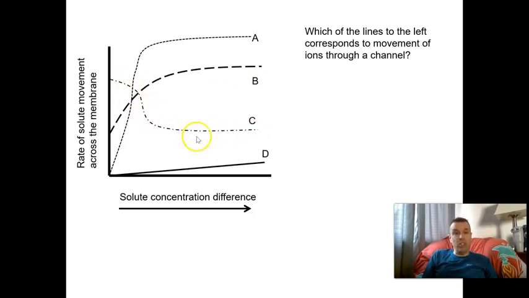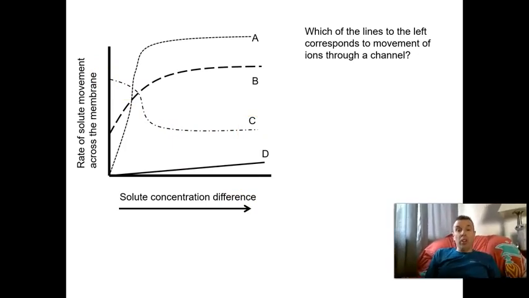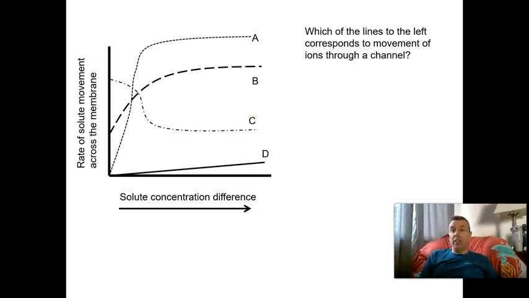So that eliminates C right away, because in C, as you have a higher concentration difference, you get slower. That wouldn't make sense. Now, we also know that channels move very, very rapidly. So when you open a channel, the ions and the solute can move very, very fast across it.